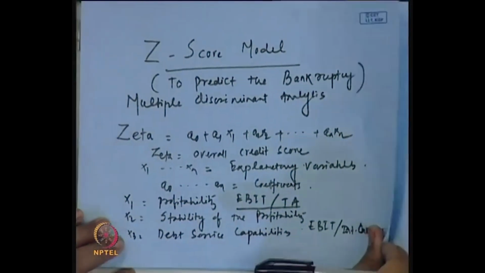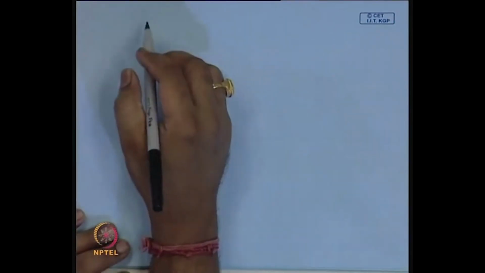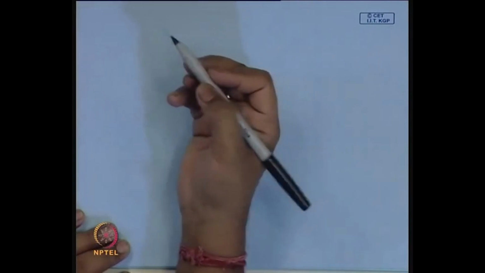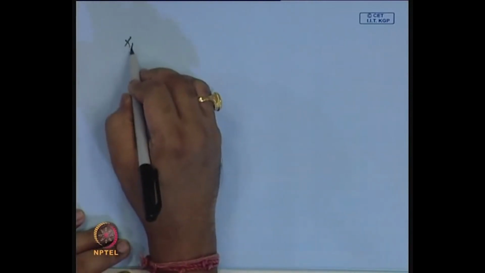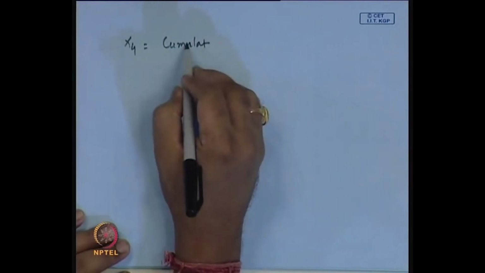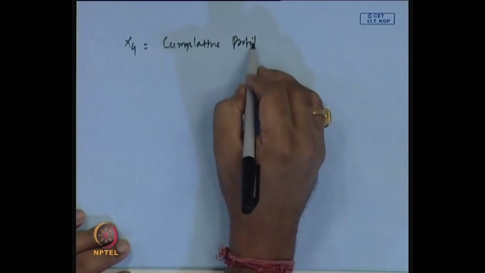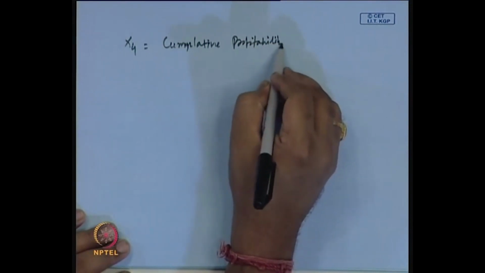So, another variable he has taken is cumulative profitability. What does it mean?